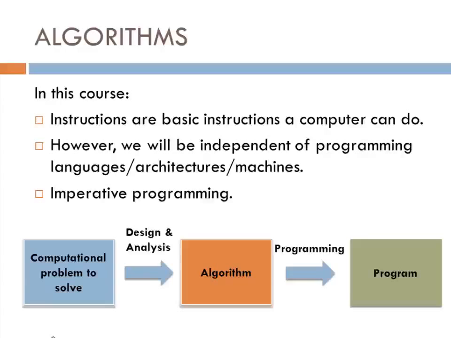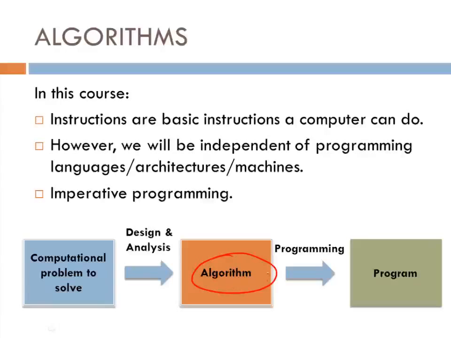Though we will be very precise in saying what an algorithm does, we will be independent of the programming language that is used. So when you want to solve a computational problem, the algorithm is actually an abstraction of the program that you finally want to design. The algorithm is not tied to any programming language, right?